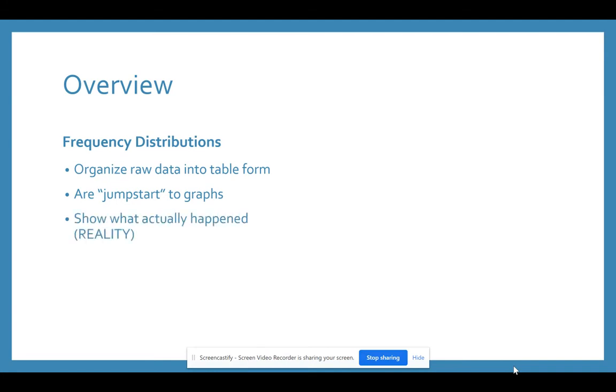One of the key things about a frequency distribution is that it shows what actually happened when you conducted your experiment or when you collected your data.